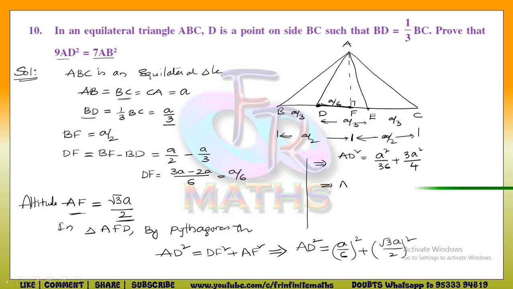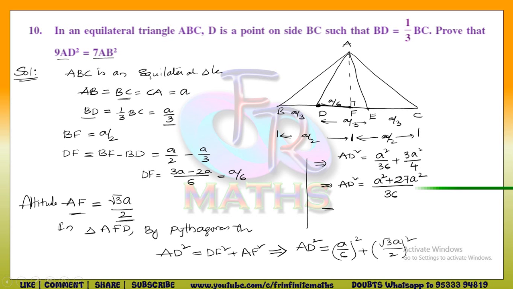Now from this, AD square is equal to, what is the LCM of 36 and 4? It is 36. 36 in 36 goes one time, so this is A square plus, in 4 table 36 is 9 times, so 9 into 3, which gives me 27 A square.